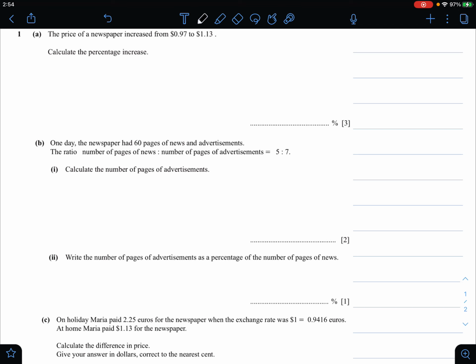So that would be 1.13 minus 0.97. So I'll just write that here, 1.13 minus 0.97 divided by the original price, that is 0.97, multiplied by 100.